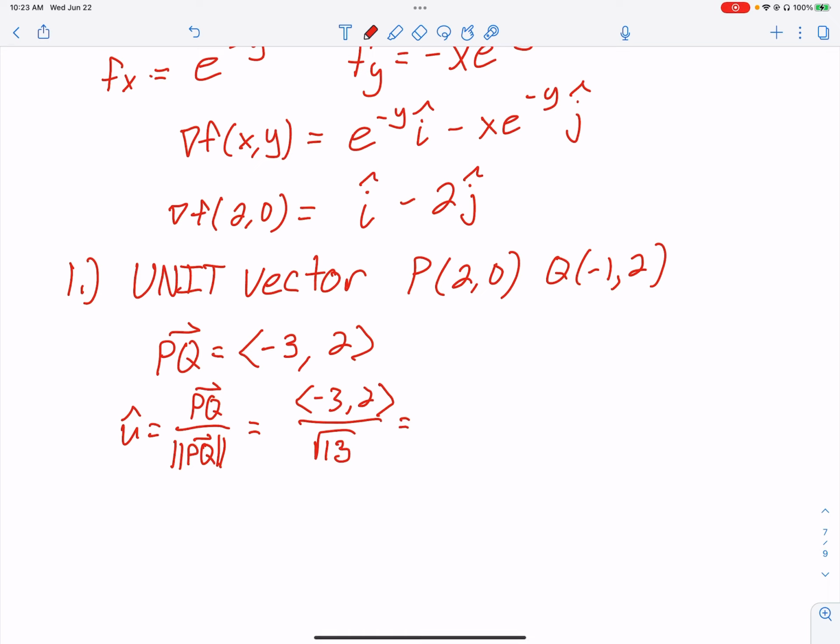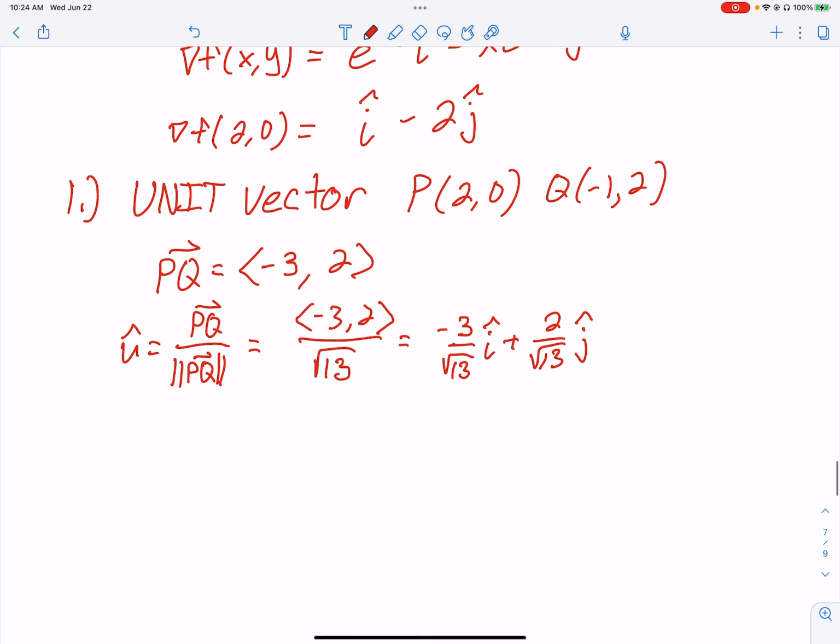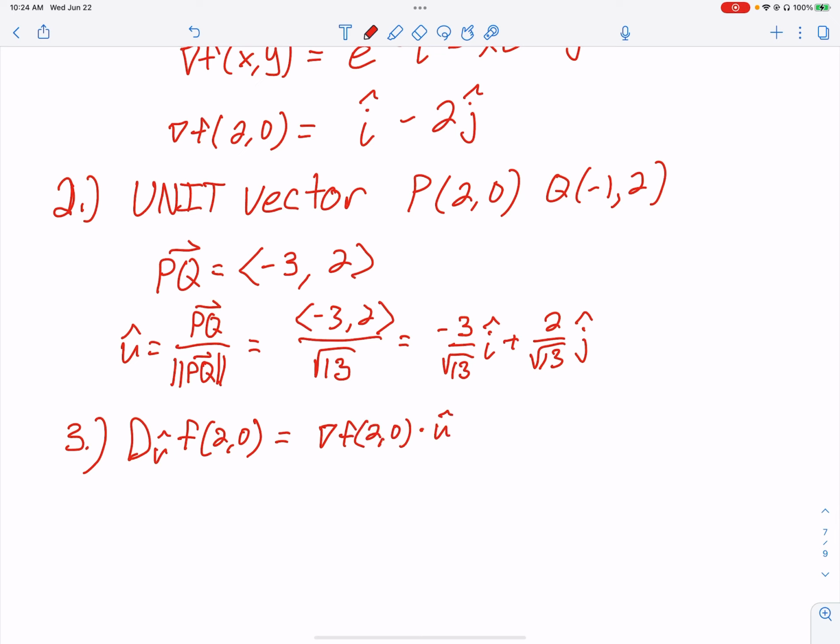So this is the vector, and I'm going to put it in ij form because the one above is, negative 3 over square root of 13 i plus 2 over square root of 13 j. So there is my unit vector. That should have been number 2, not number 1. Number 3, the third step, is to find the directional derivative of f at 2, 0, and that means just take the dot product of the gradient at 2, 0 with my unit vector.